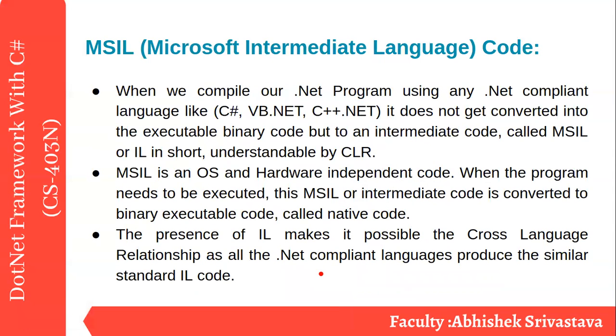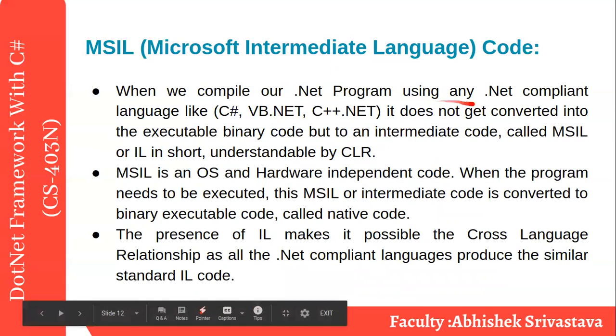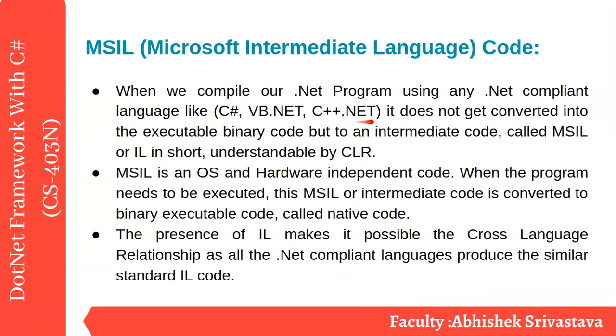Now the question arises: what is Microsoft Intermediate Language code? Let's check. When we compile our .NET program using any .NET compliant language, like C Sharp, it does not convert it into executable binary code, but into an intermediate code called MSIL, or IL for short, understandable by the CLR.